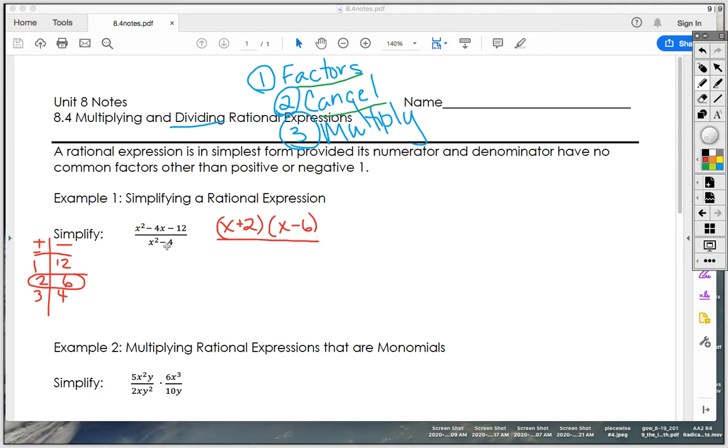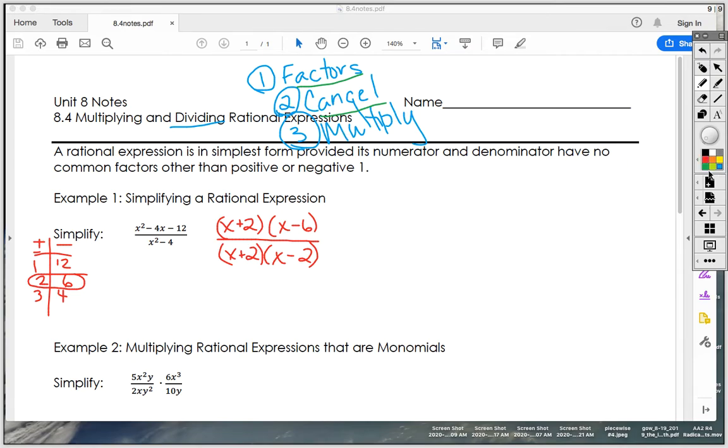This one is pairs of perfect squares. So this is going to be x plus 2 and x minus 2. Remember, when it's perfect squares, you have 1 plus and 1 minus. Then factor, then cancel.